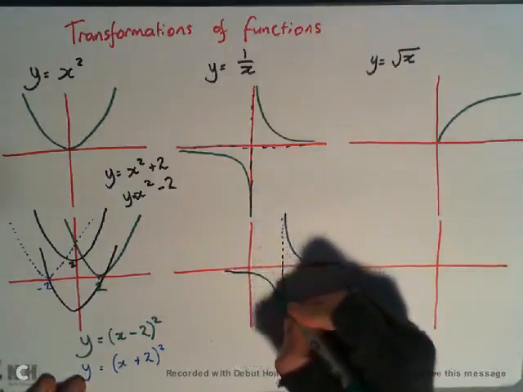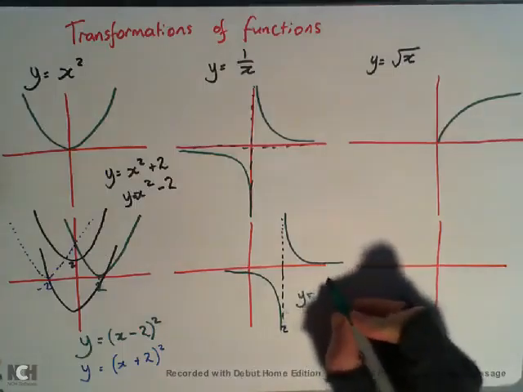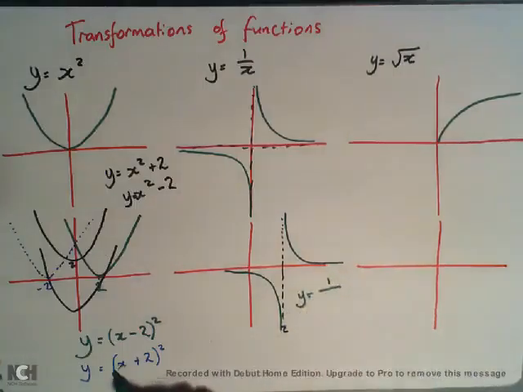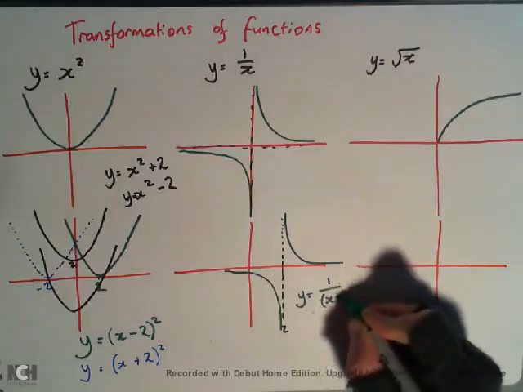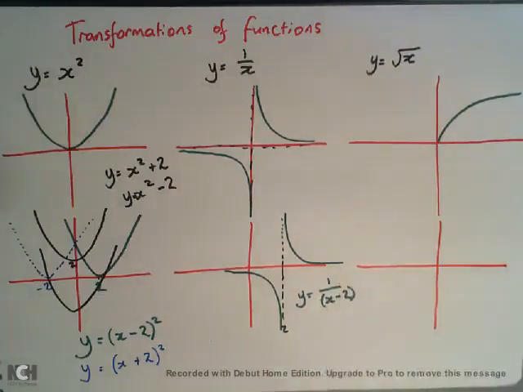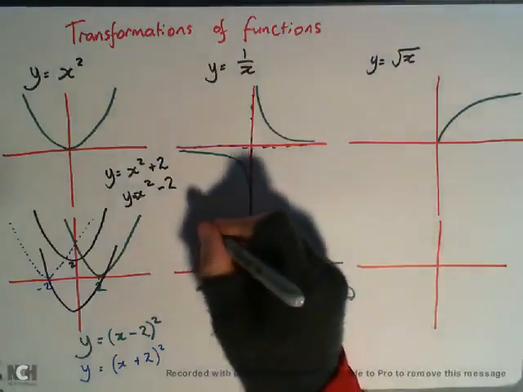Now, what does that look like in terms of the function? Well, again, we'll use our brackets next to the x. So 1 over (x take 2). We've moved it to the right 2 places. And similar effect when we move it to the left.